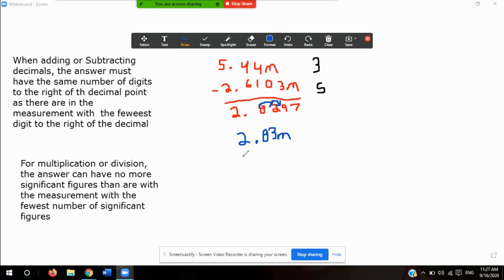Now, the second part of problem E says multiply 2.4 grams over milliliters.